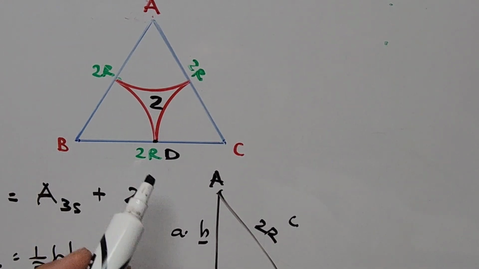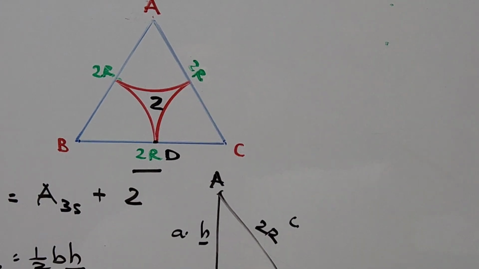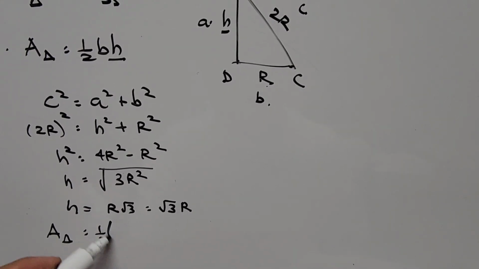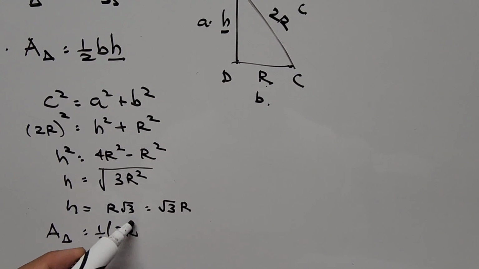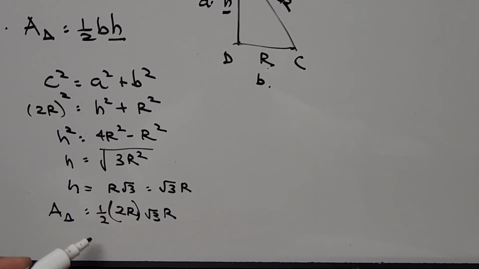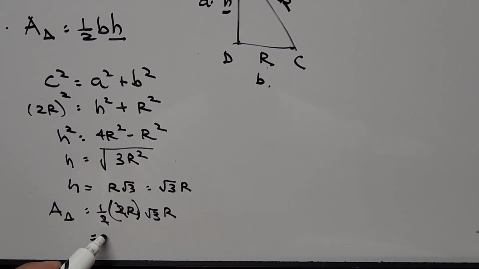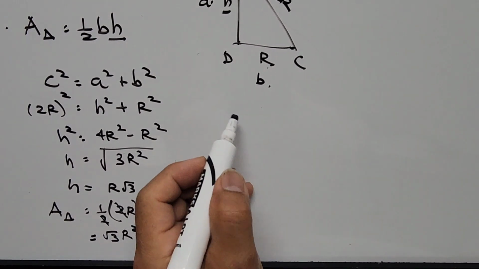From here we have 2r as the base, times height, where height is square root of 3 times r. So here we have canceling 2 right there, that is square root of 3 r times r, that is r squared.